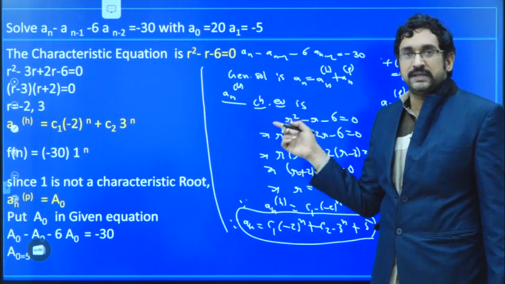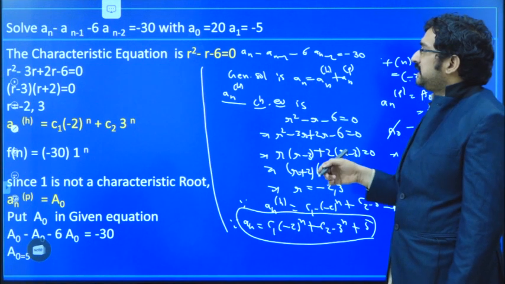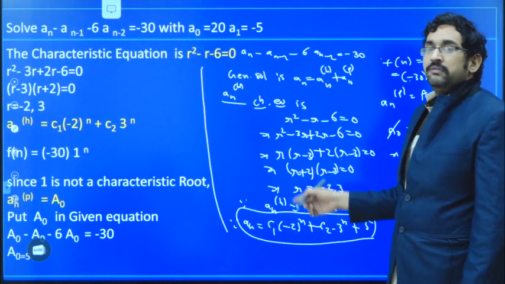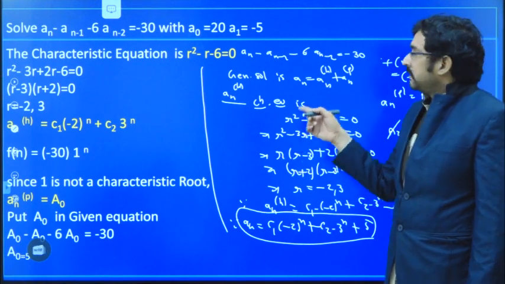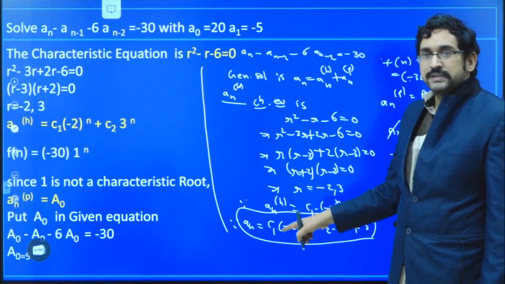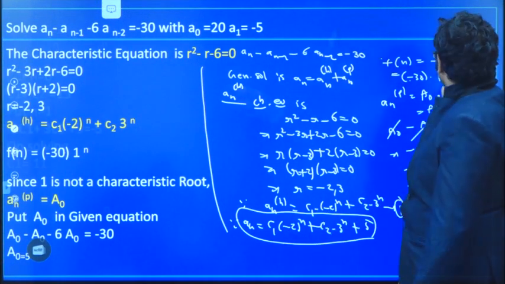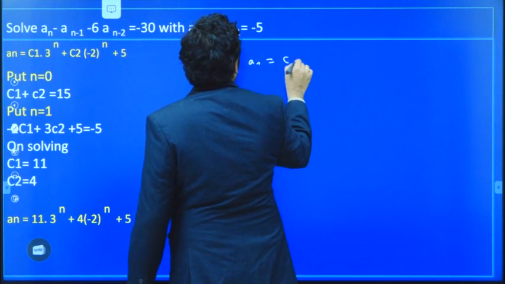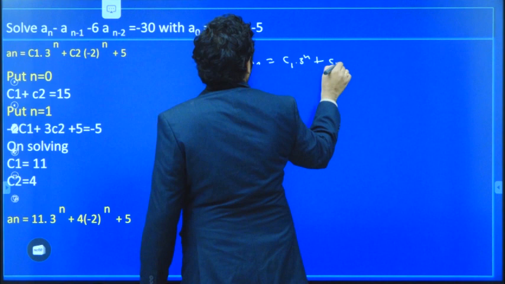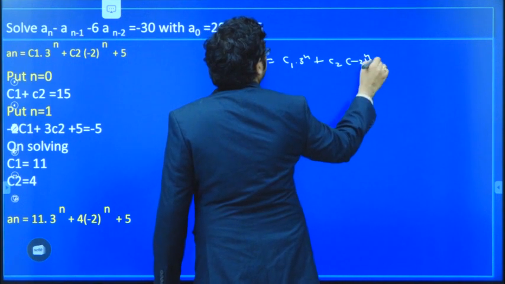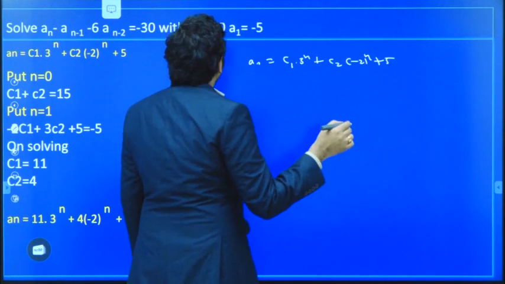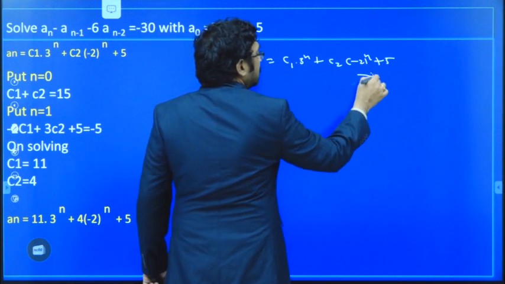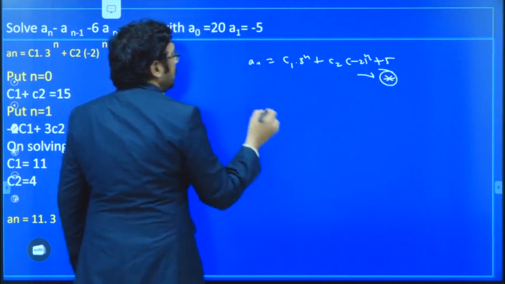But here initial conditions are given. So if you substitute the initial conditions in the given equation, we will get the constant values c1 and c2. So an equal c1 into 3 power n plus c2 into minus 2 power n plus 5. Assume this as star.